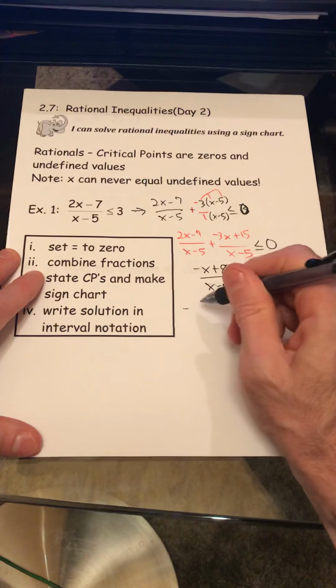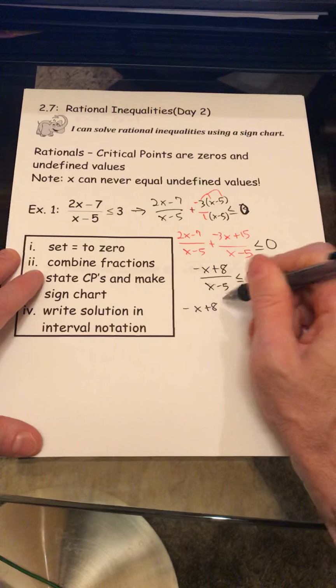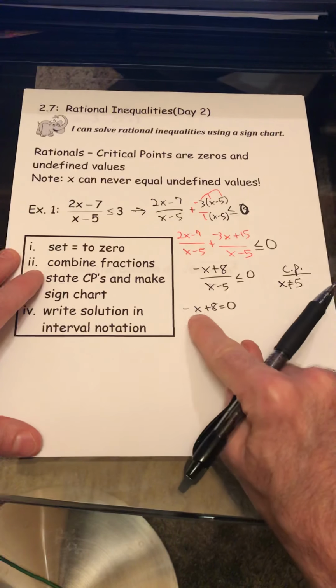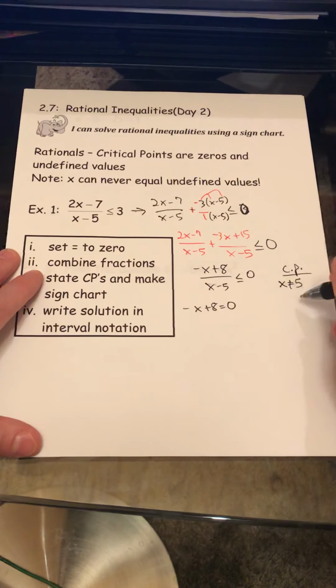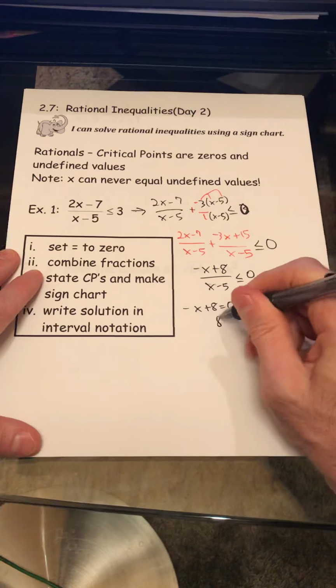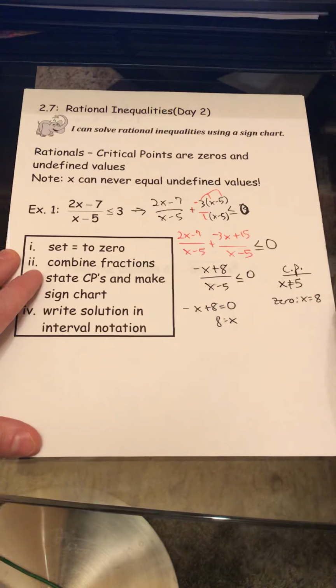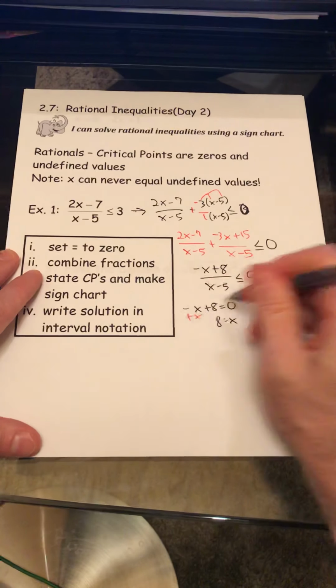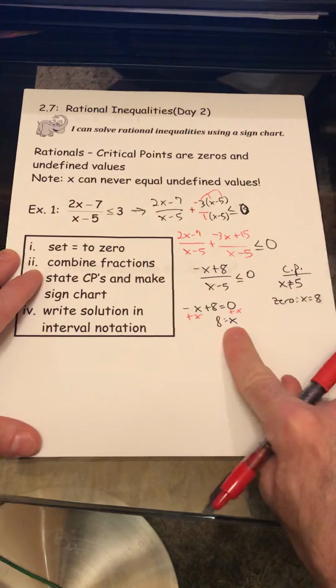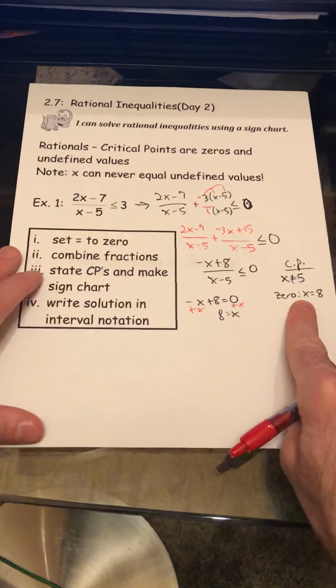What would make negative x plus 8 equals 0? Well, add the x over, and the 0 is x equals 8. So those are our two critical points.